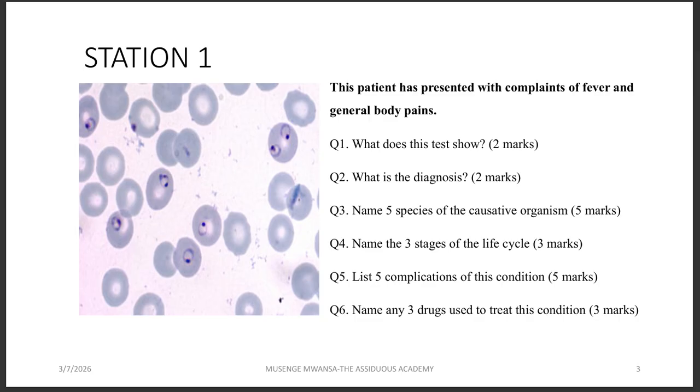So when the sporozoites have been released, they are going to go through these stages. From the sporozoite, they will become these trophozoites. Now the trophozoites, you need to know there are two: the immature ones and the mature ones.